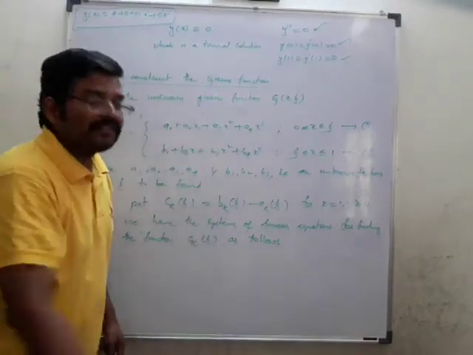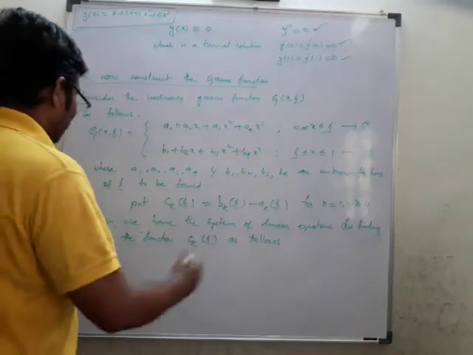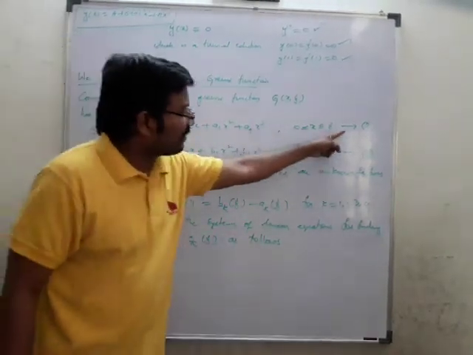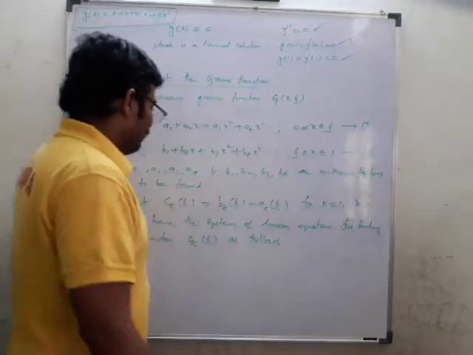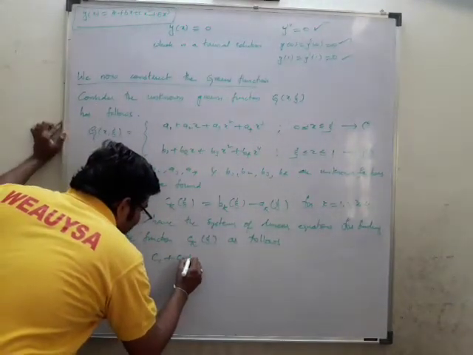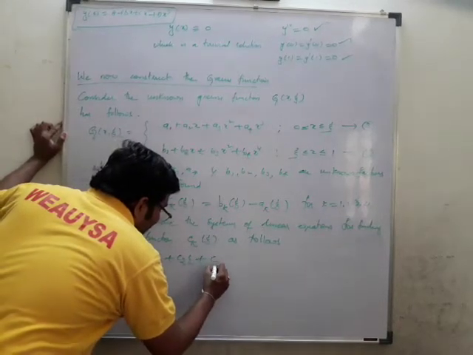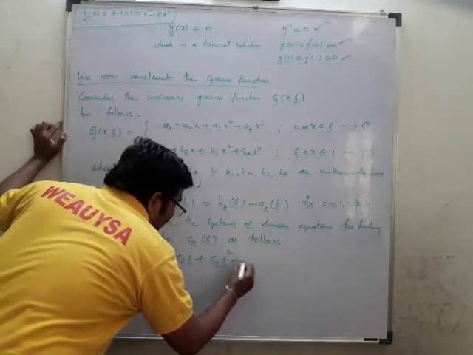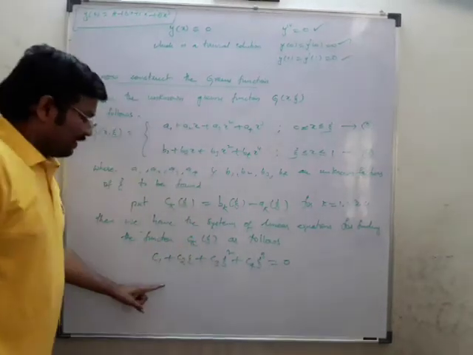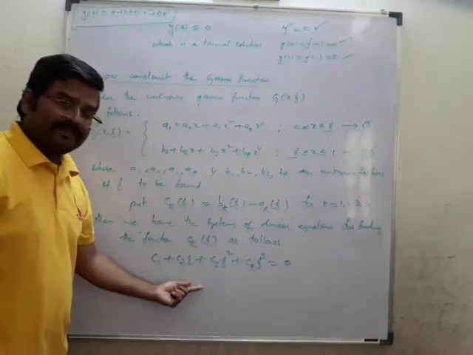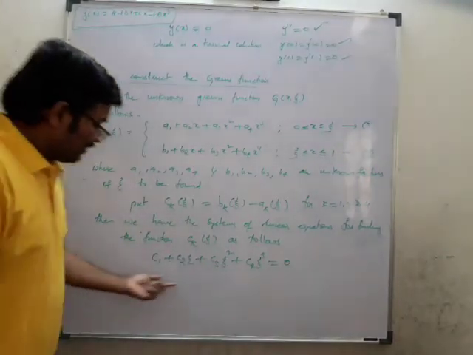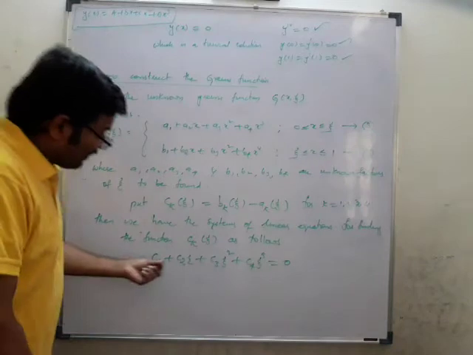Then we'll try to find out by using the Green's definition. You have to remember that this is equation number 3 and this is equation number 4. This is from the general equation we have taken to find all the values. This is the first step. Now we'll differentiate this one.